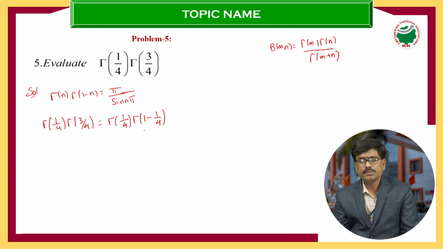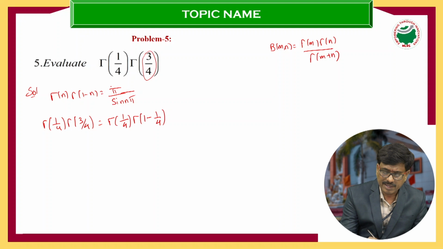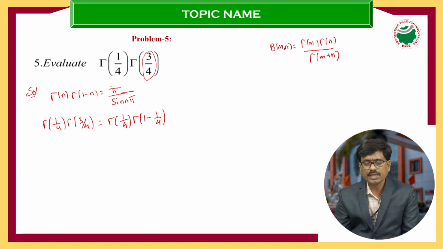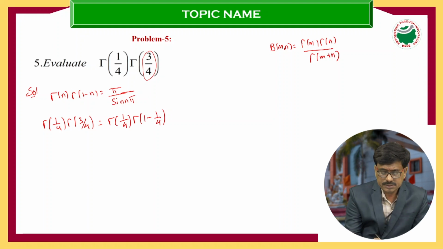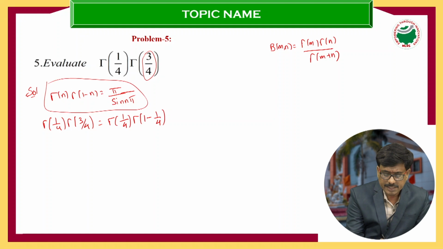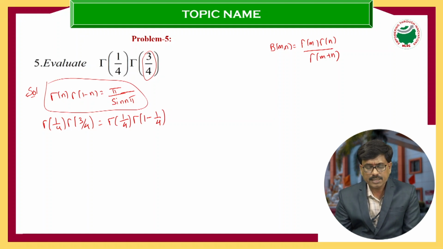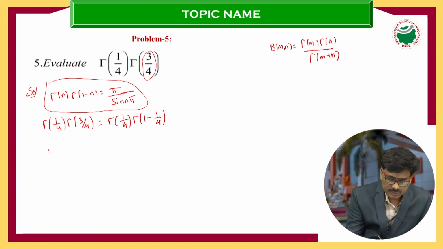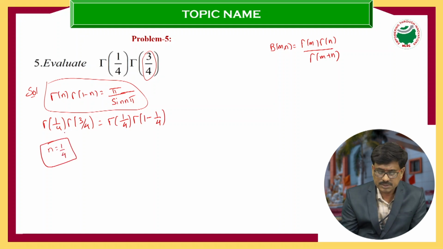Now I have written 3 by 4, and this 3 by 4 value can be written as 1 minus 1 by 4. The duplication formula says gamma n into gamma 1 minus n can be written as pi by sine n pi. What is the n value now? N is 1 by 4.